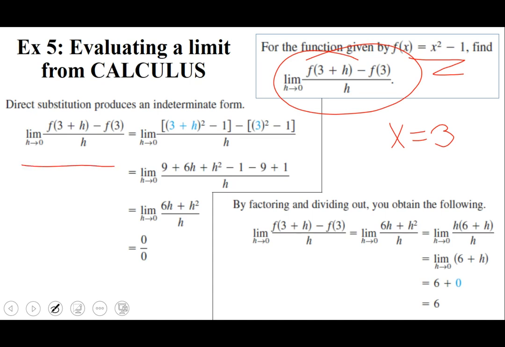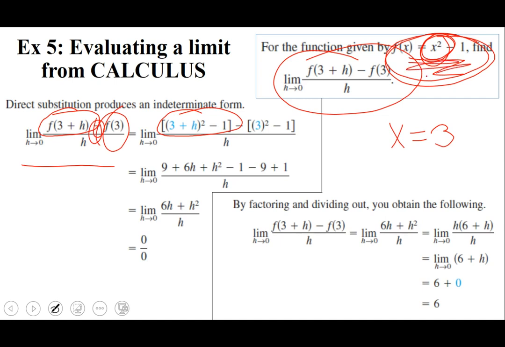Just like always, when you're asked to find a limit, you should go ahead and try to just plug it in. When they ask you for f of 3 plus h, that means go to the f function. Everywhere there's an x, put an x plus h, or in this case, 3 plus h. So that's how you get 3 plus h squared, and then don't forget the negative 1. Then you're going to subtract whatever f of 3 is. What does f of 3 mean?